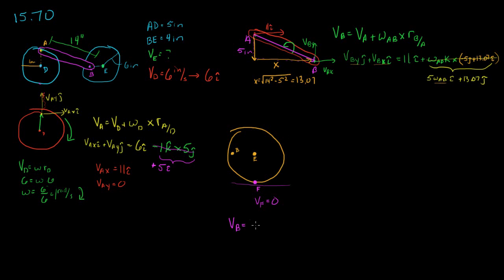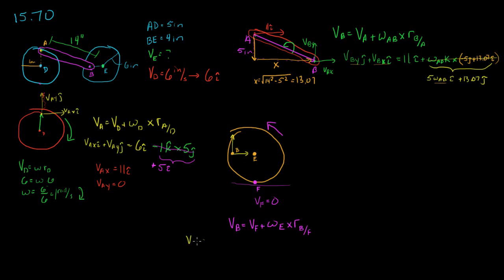This velocity of B is going to be equal to the velocity of F plus this angular velocity of the wheel, which we don't know, so let's assume it's going this way, cross with this position B with respect to F. Now, what's this velocity of B? We don't know, so we're going to assume it's the same positive direction.